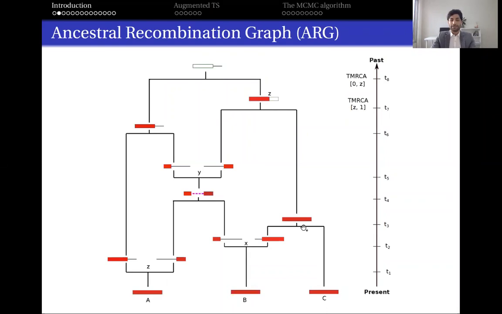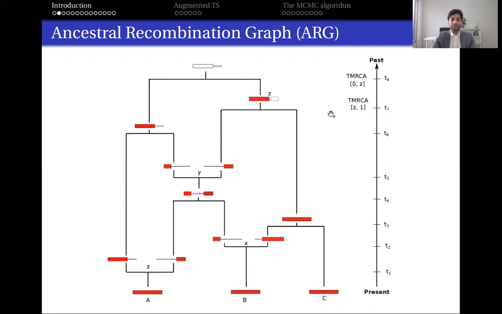What happens in a coalescence event is that it merges 2 sequences. For example, here, this sequence and this sequence merge and coalesce, resulting in one parent sequence we see here. This process continues until we have only one branch left. We call this the most recent common ancestor, and the time to this is called TMRCA, or time to the most recent common ancestor.